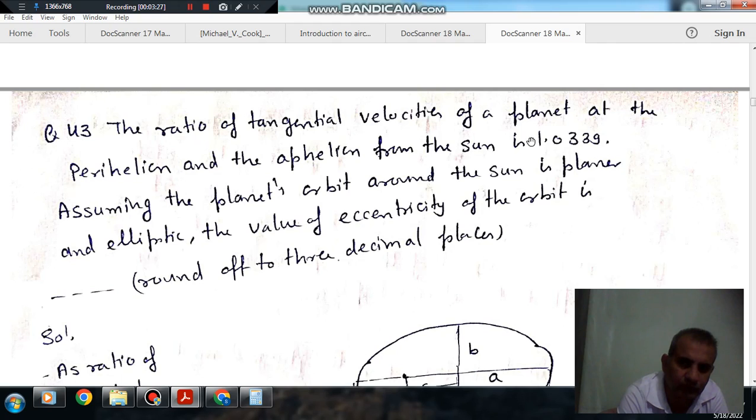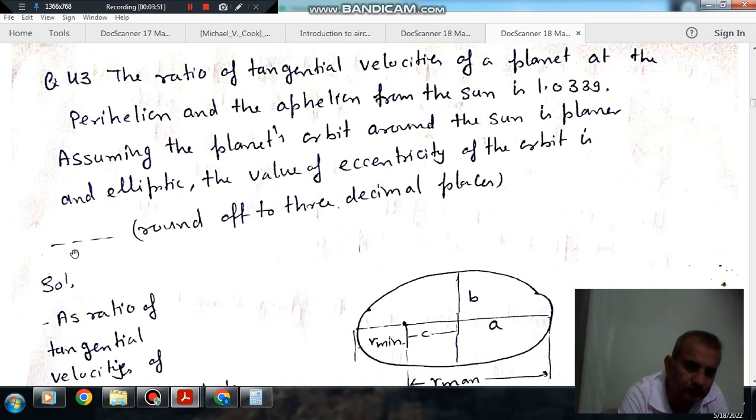Next, question number 43. The ratio of tangential velocity of a planet at the perihelion and aphelion from the sun is 1.0339. Assuming the planet's orbit around the sun is planar and elliptical, the value of eccentricity of the orbit is dash.